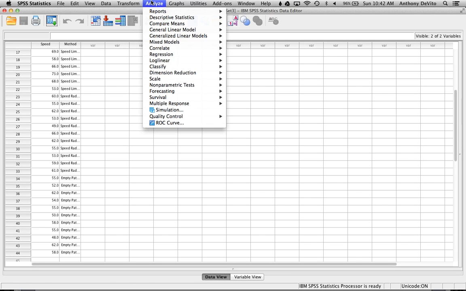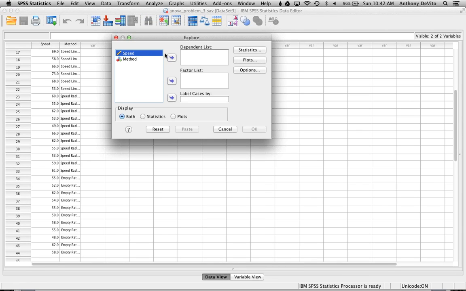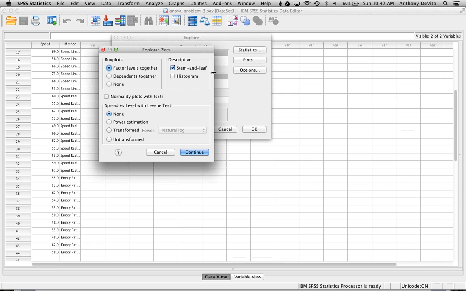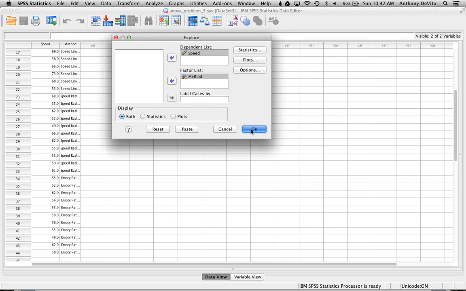I'm going to do my analysis, analyze, descriptive statistics. I'm going to do my descriptive statistics first just to get a look at it, explore. Speed is our numerical variable. Method of speed control is going to be our factor. I'm going to ask it to do a histogram, and I'm going to click OK.